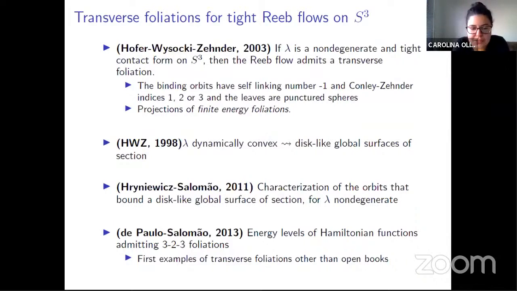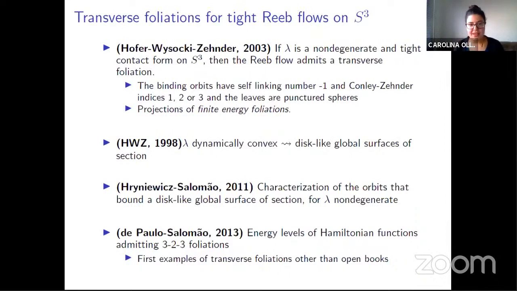Its name is because of the Conley-Zehnder indices of the binding orbits, and they gave examples of concrete Hamiltonians admitting these foliations. Of course, these Reeb flows are not non-degenerate, as in the case of this theorem. This makes things harder, of course. But this foliation is one of the possibilities obtained by Hofer, Wysocki, and Zehnder anyway.